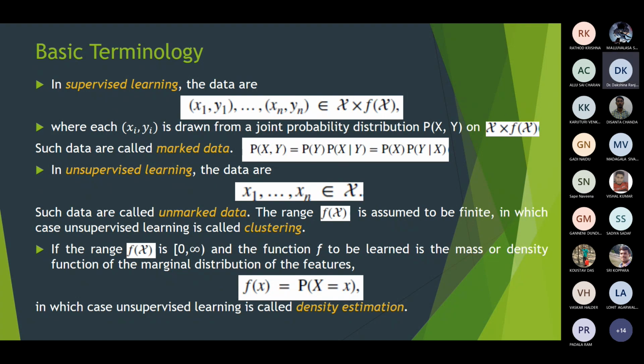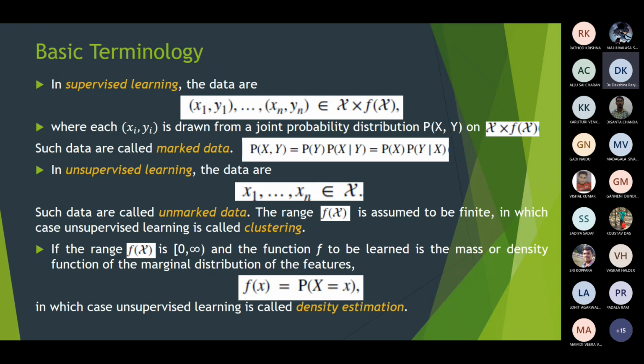Okay, but if we consider unsupervised learning, then data can be arranged as x1 to xn that belong to x. Here x1 to xn are nothing but the data points in the feature vector x, and such data are called unmarked data, because in unsupervised learning the class information is not provided or not used.